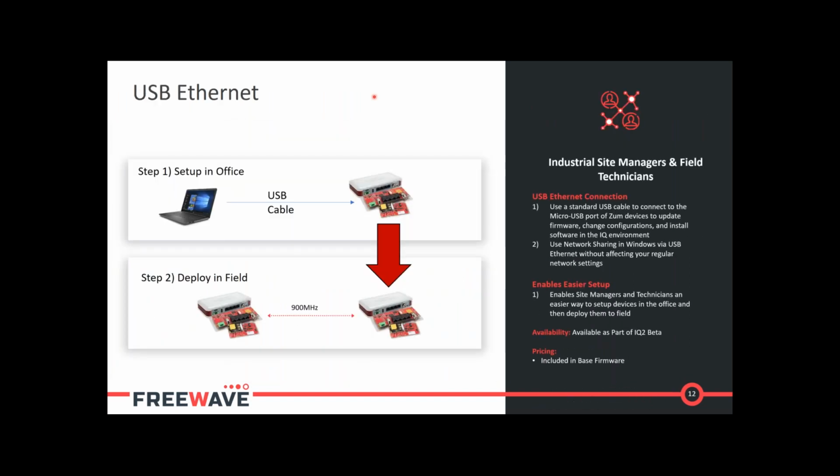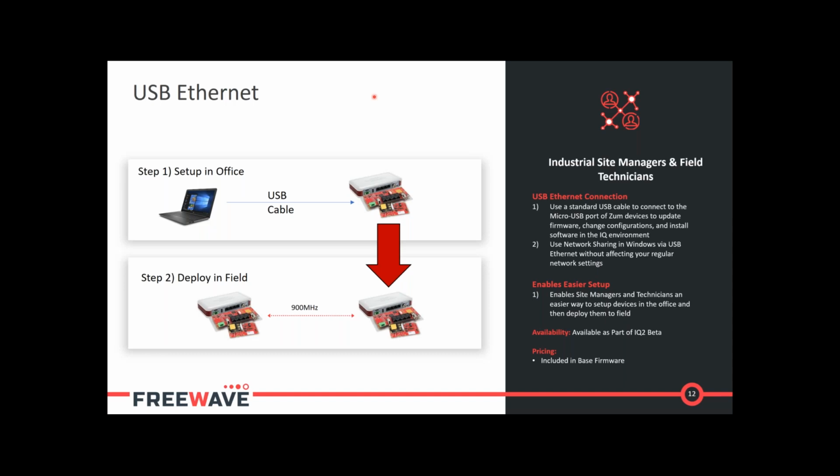First up is the USB Ethernet feature. If you wanted to previously set up a Zum device in your office or before going out to the field, you had to do some stuff with USB Ethernet dongles and change some settings in Windows to make this work for you. With what we're doing now, we have a single USB connection to the micro USB port.